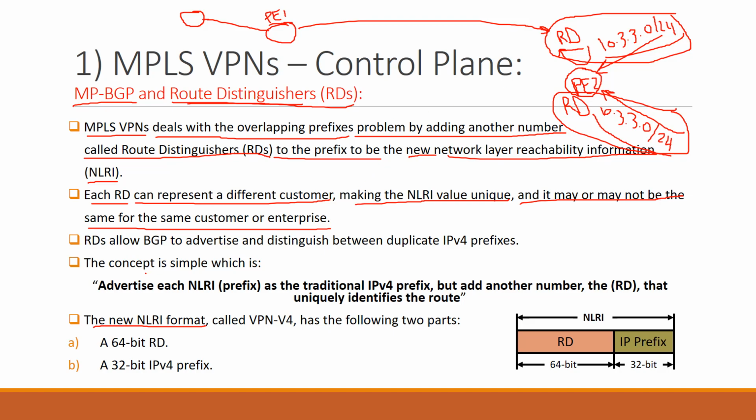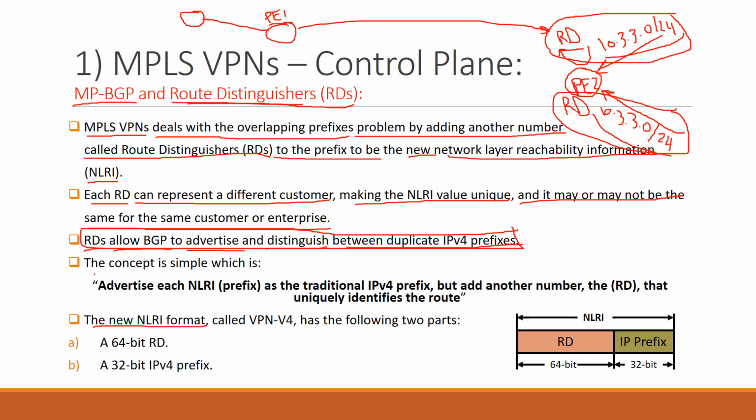Why do we use this route distinguisher? Route distinguishers allow BGP to advertise and distinguish between duplicate IPv4 prefixes. So this is the main function, or the main purpose, of the route distinguisher: to allow BGP to advertise and distinguish between the duplicate IPv4 prefixes.